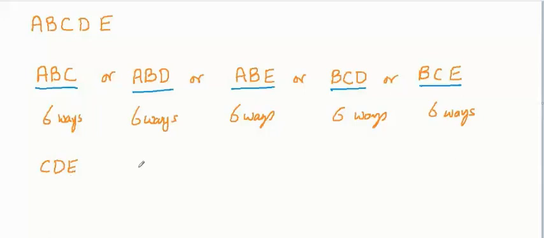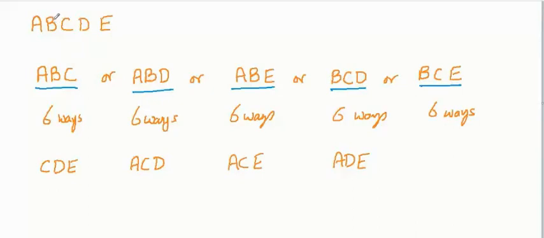Yeah. And then I will take alternate, like AC with D and AC with E. Okay, and then I will take AD with E and then BD with E. See, BD with E we have not done before.